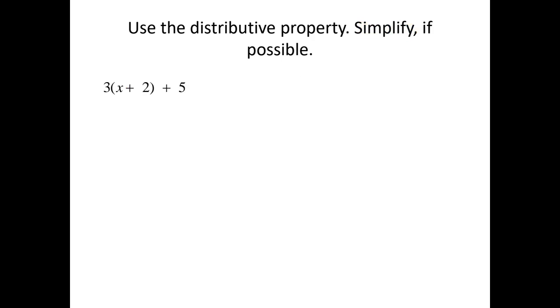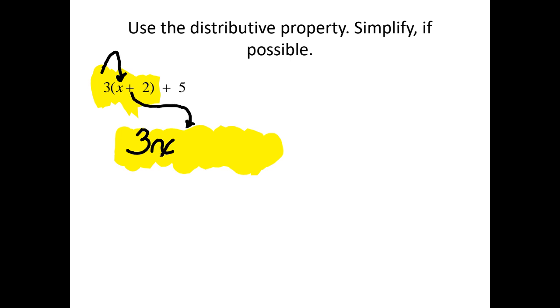Okay, this 3 is in front of a parentheses. So we're going to do that first, right in this yellow area. This means that this 3 multiplies by x. This plus sign comes right here. And this 3 multiplies by 2.